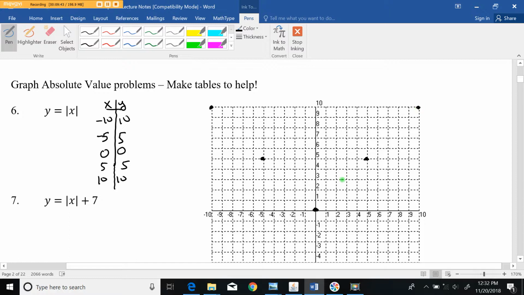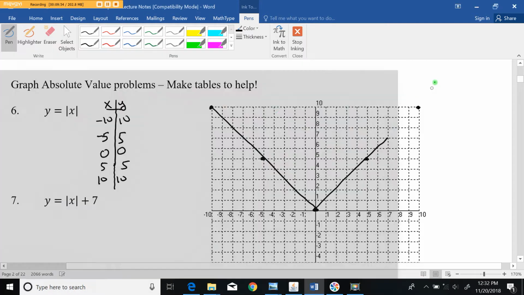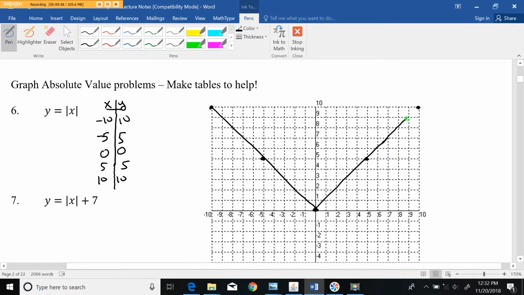And I wish I had a straight edge for this. These do in fact run in a line. And there's a graph. There's our first function. That is a graph of y equals absolute value of x.